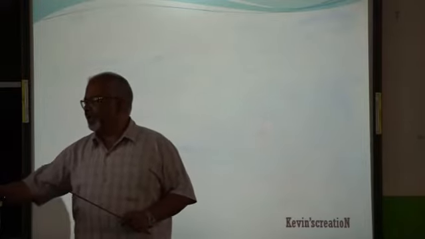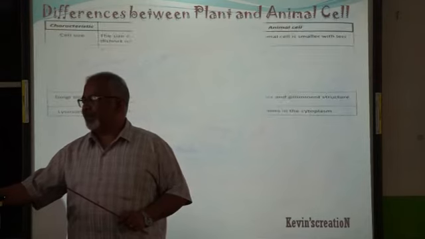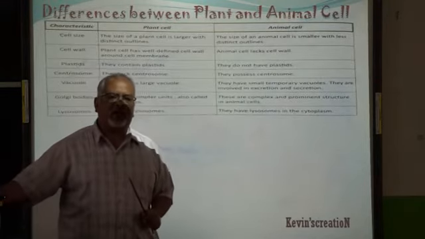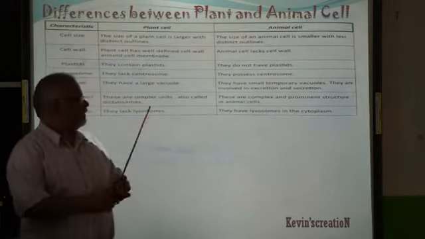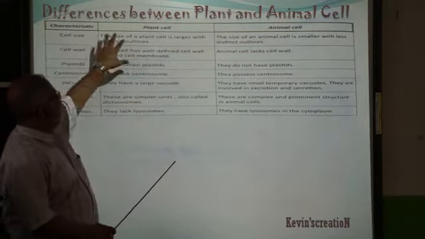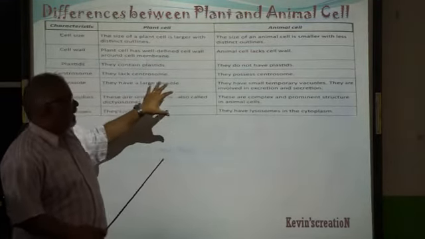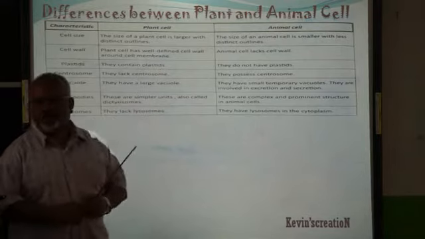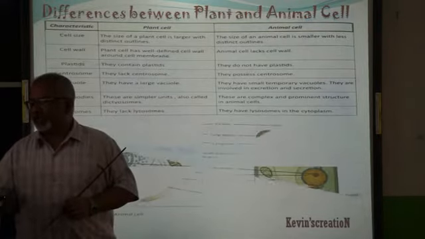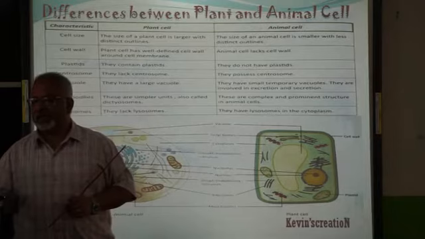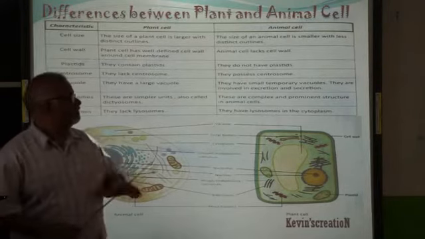Now let us take the table which is given in your book. Characteristics of a plant cell and animal cell. Now this also I will show you with the help of diagram so that it will be a repetition and it will be very, very clear for you. Cell size.